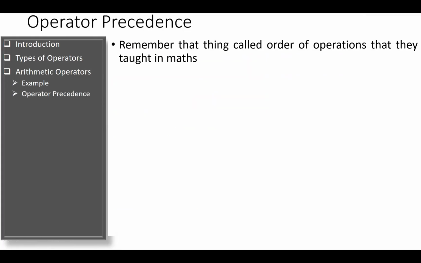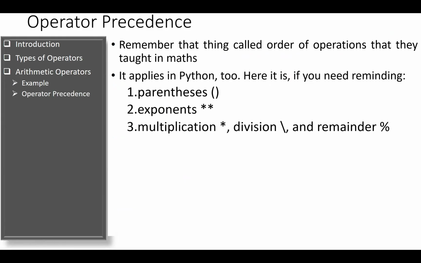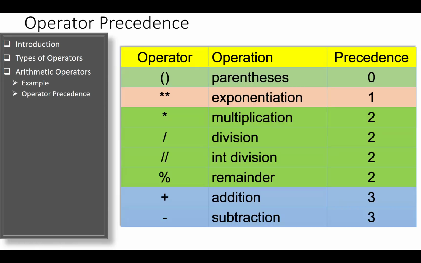Then operator precedence. Remember that there is a fixed order of operations taught in maths, and we are going to recall it. It is parenthesis, exponents, multiplication, division, and remainder. So this is the precedence of operators, and accordingly we will execute. Finally, addition and subtraction have the least precedence.